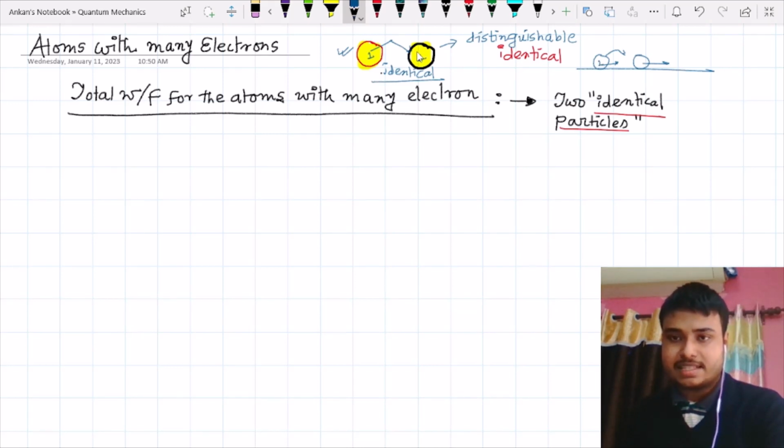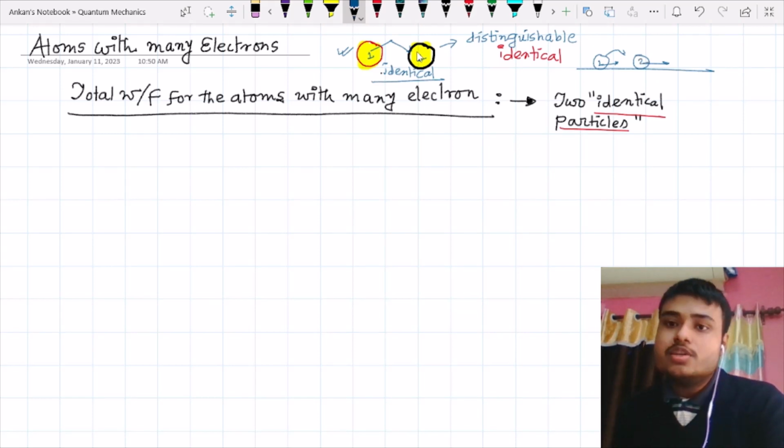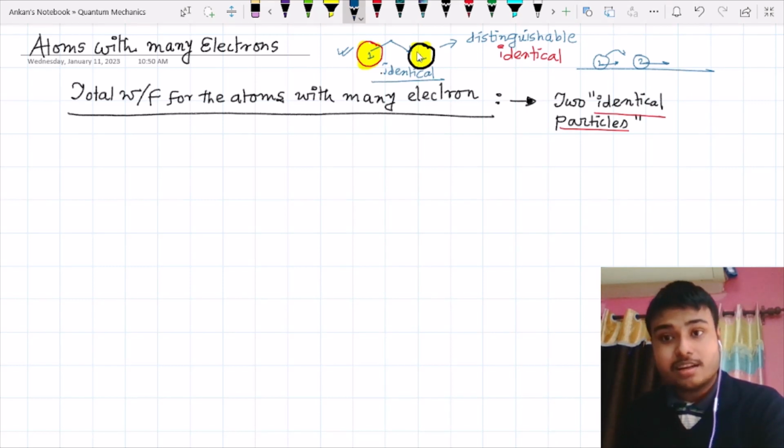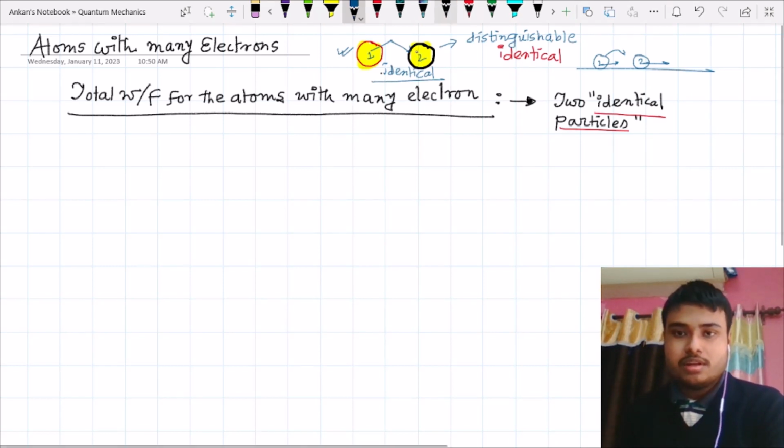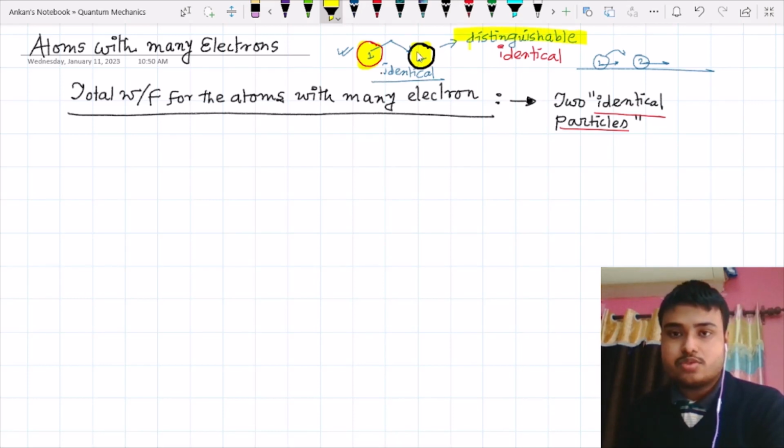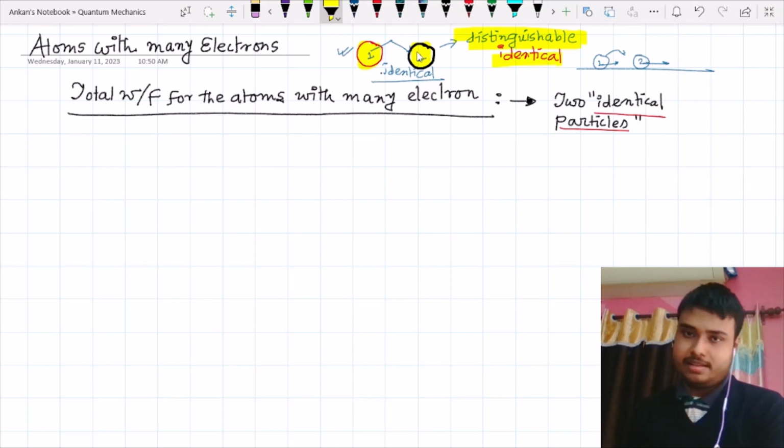Suppose this is the trajectory of ball 1 and this is the trajectory of ball 2. So we can distinctly observe the two identical balls. In one word, these two balls are distinguishable although they are identical.